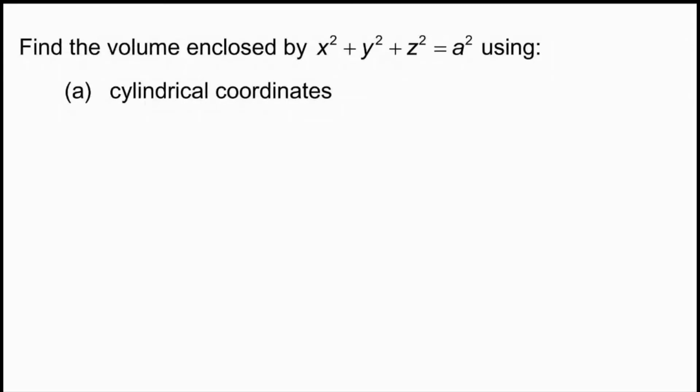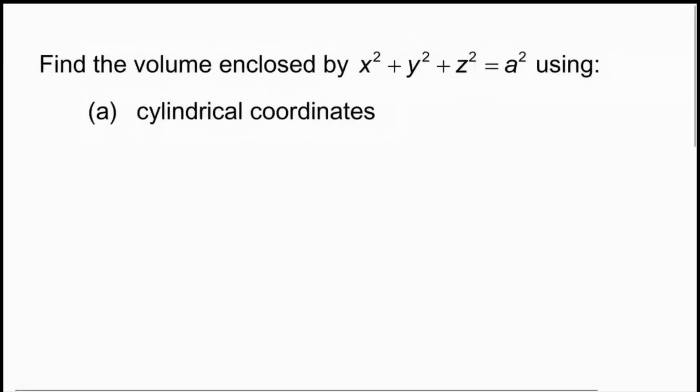Okay, so we have a problem here that says find the volume enclosed by x squared plus y squared plus z squared equals a squared using cylindrical coordinates, and then we're going to do the same thing with spherical coordinates. That would essentially be a sphere with a radius of a. So knowing that it's a sphere, yes, I'm thinking I should use spherical coordinates, but I want to show you the same problem using cylindrical coordinates.